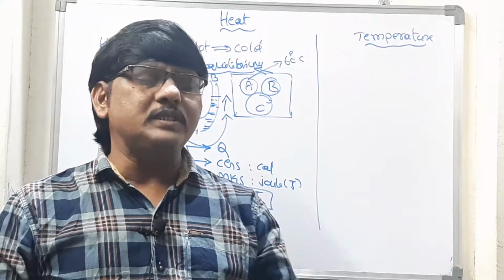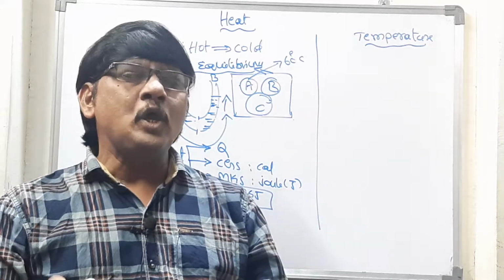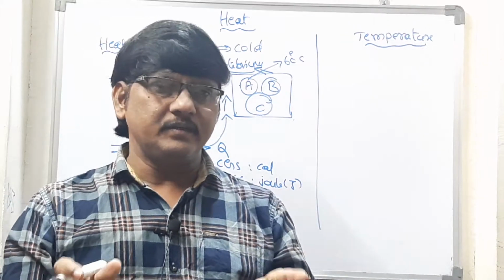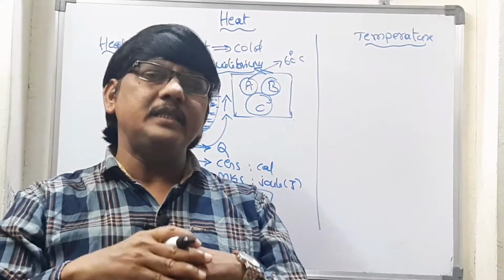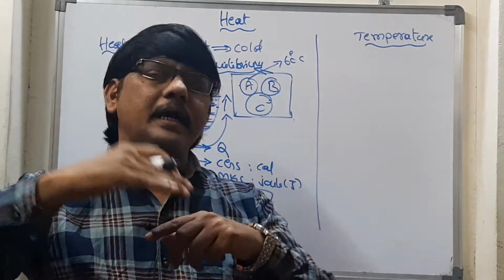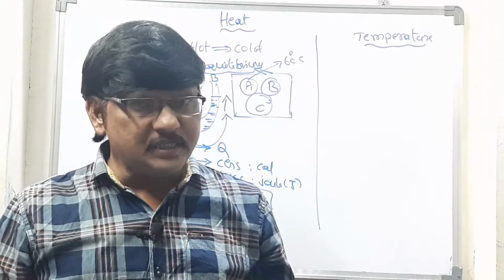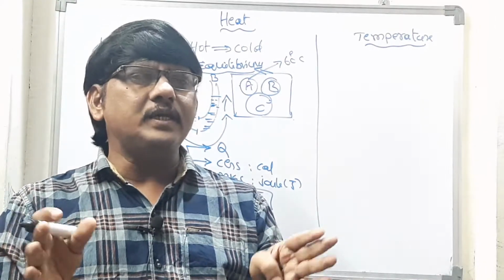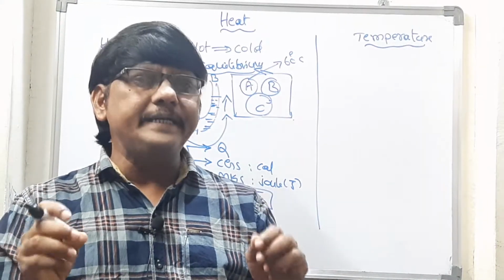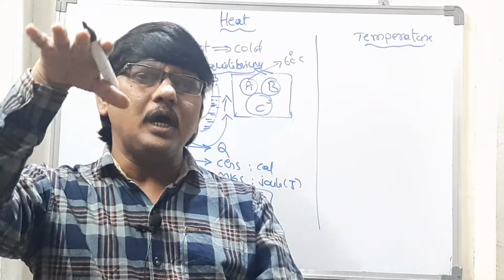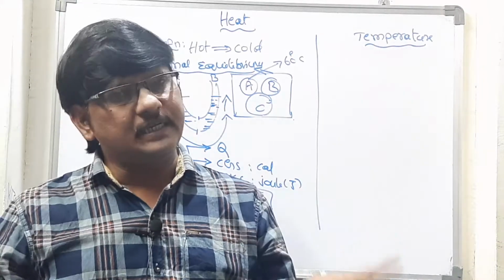If any system has some energy, how intense is that energy, meaning whether the energy is more or less, that tells you about the temperature. Temperature is nothing but a measure of intensity, how much more or how much less.